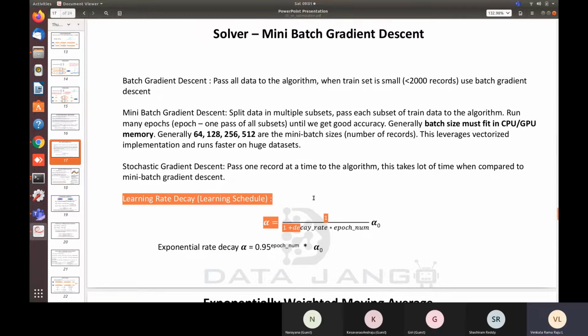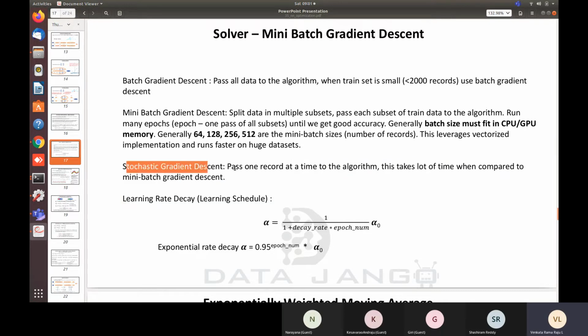We know that learning rate decay, or learning schedule, in stochastic gradient descent, here also we have that. In an optimizer, you'll have learning rate decay also. A simple example equation I have taken here; there will be different equations.